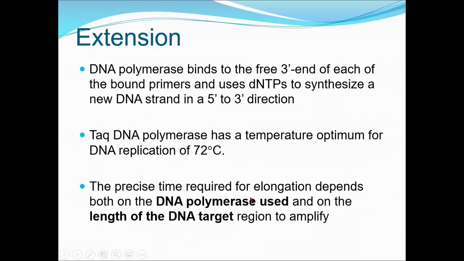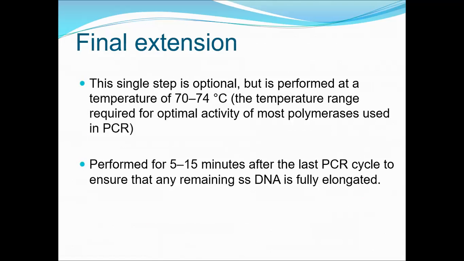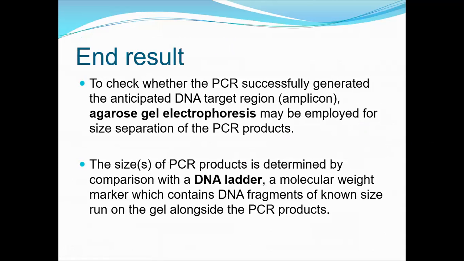So we all know how much time it takes for the extension, and depending on that, you set the timing of your extension. A final extension sometimes may be required if some of the DNAs are left single stranded. Those can be made double stranded, or fully elongated, during the final extension step.